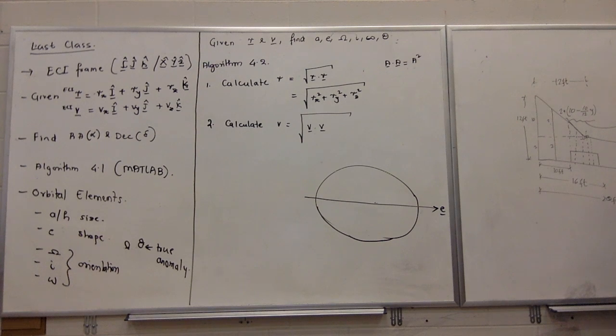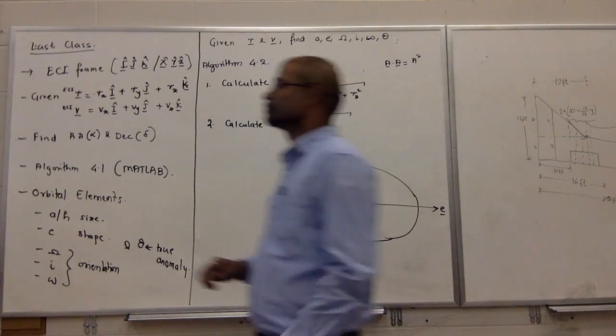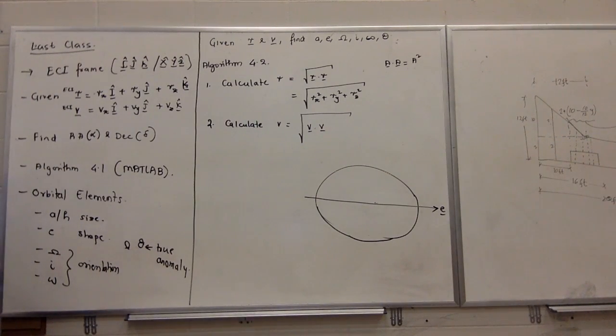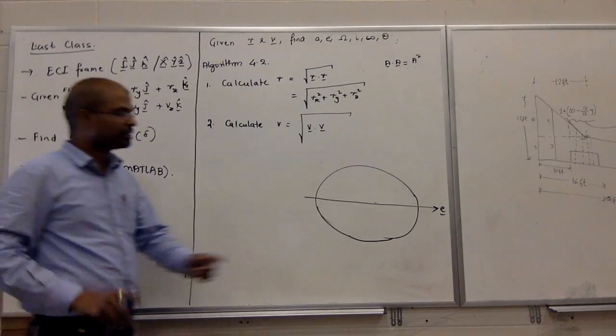What is E? What is this point? Perigee, or periapsis. Okay, so this is that point. You see that?